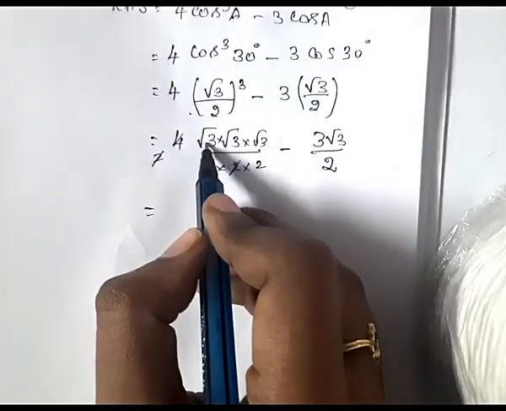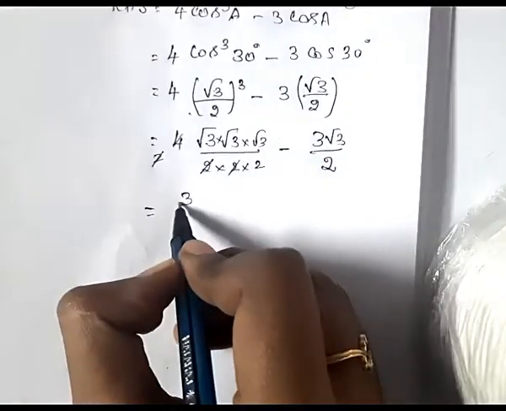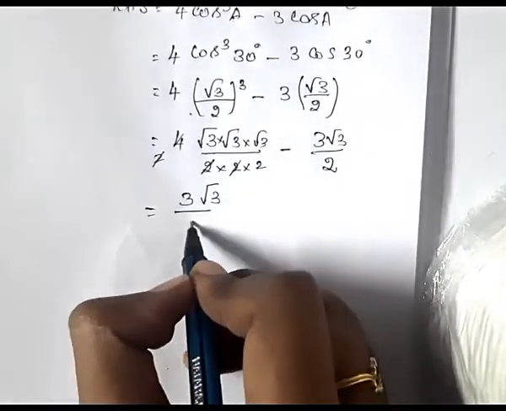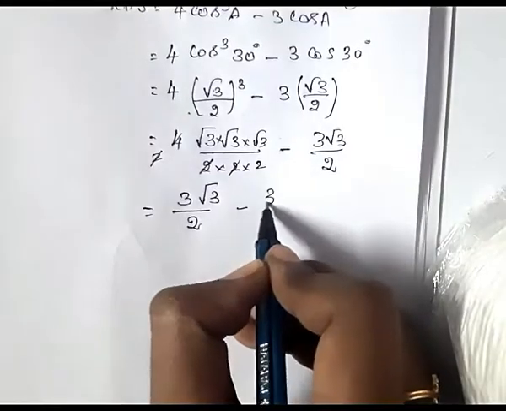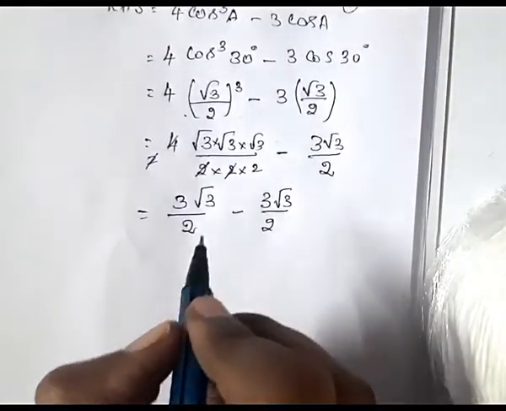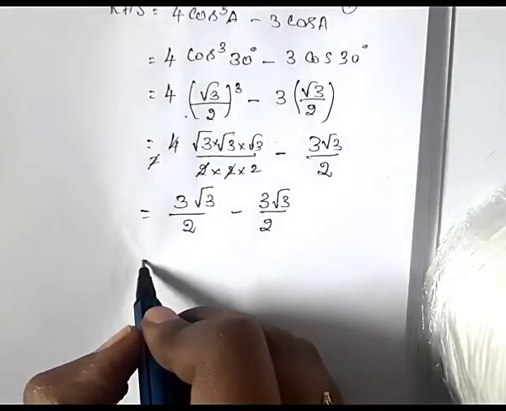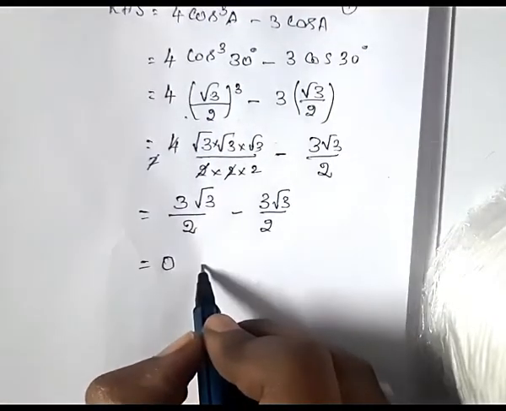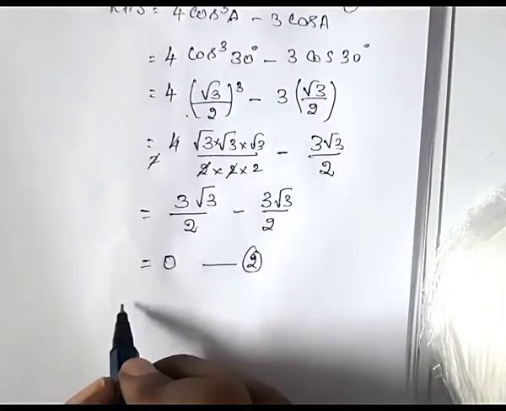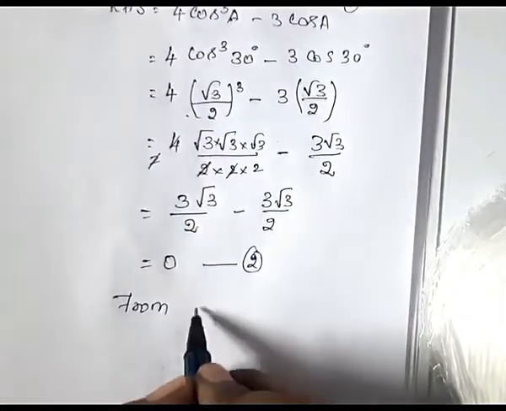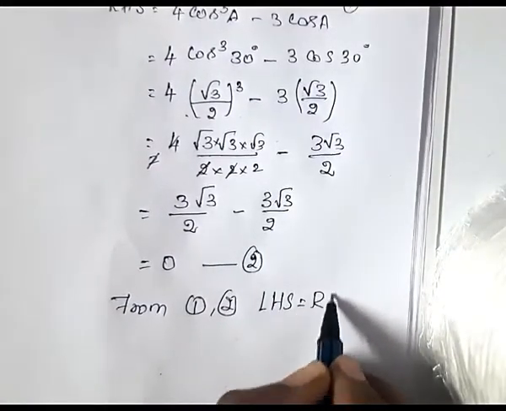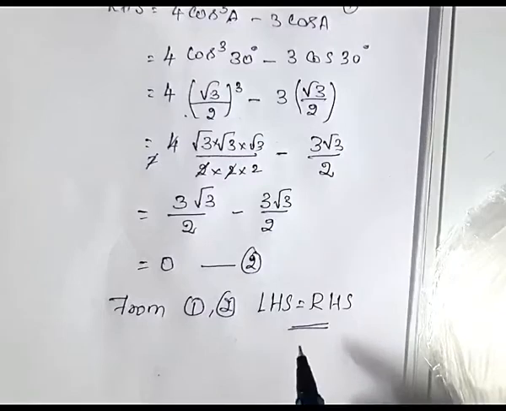You know root 3 into root 3 is 3. And again one more root 3 by denominator 2 minus 3 root 3 by 2. Look, both are equal. That is equal to 0. So equation number 2. So from equation 1 and 2, LHS equal to RHS, hence we verified.